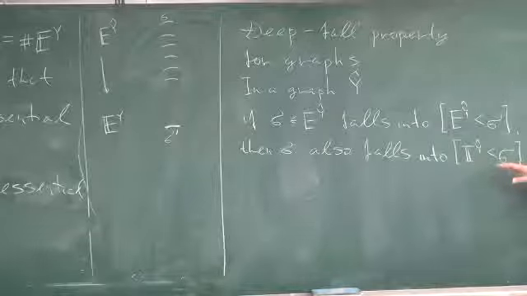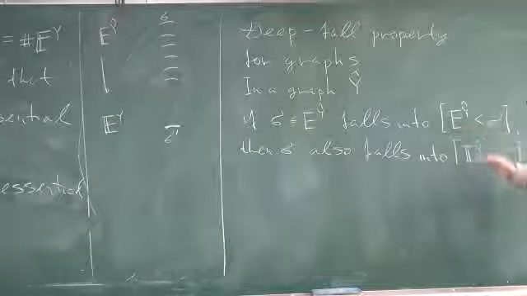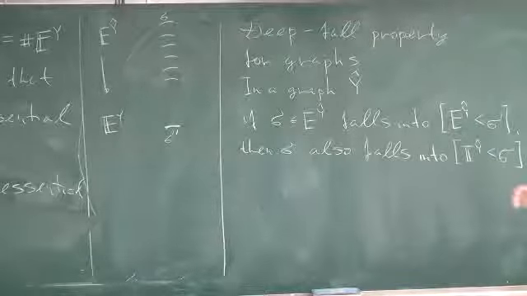The definition of this is the set of all edges which are here and which are smaller than sigma, the same definition as before. So if sigma falls here, then it falls into the smaller set.